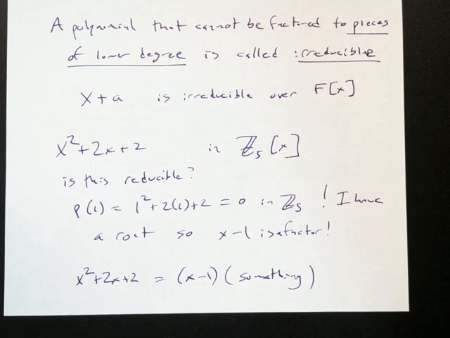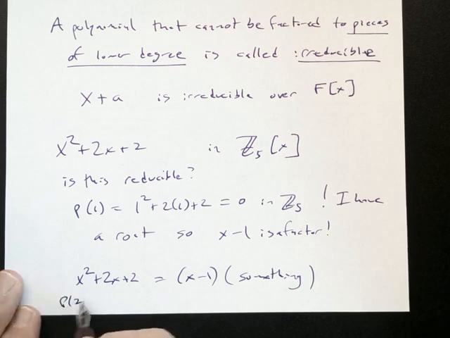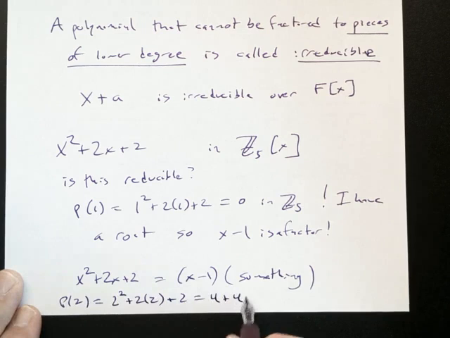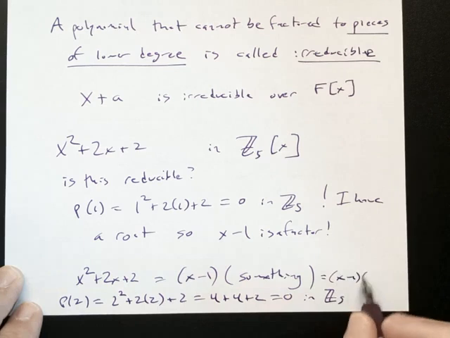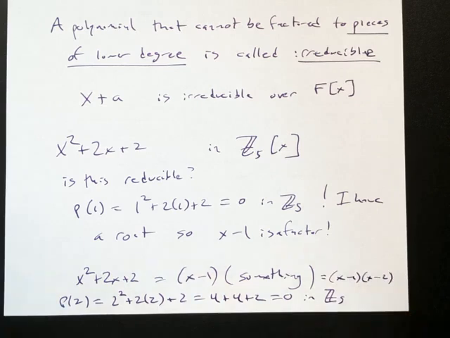The highest power is to the second, so what do I know about the highest power over here? Which means there'll be another linear factor, which means there should be another root. If I plug in 2, squared is 4, plus another 4, plus 2 is 10, which is 0. It's reducible. I reduced it.